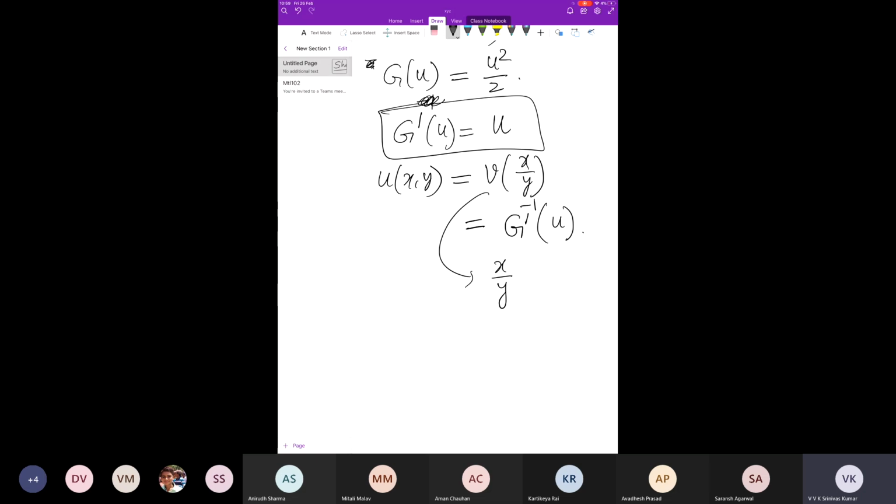Because there is a translation by x naught, in the solution we write it as x minus x naught by y. Sir, this was when the jump is at the origin. In our example, the jump is at x naught. Okay, sir. Shall we close it?